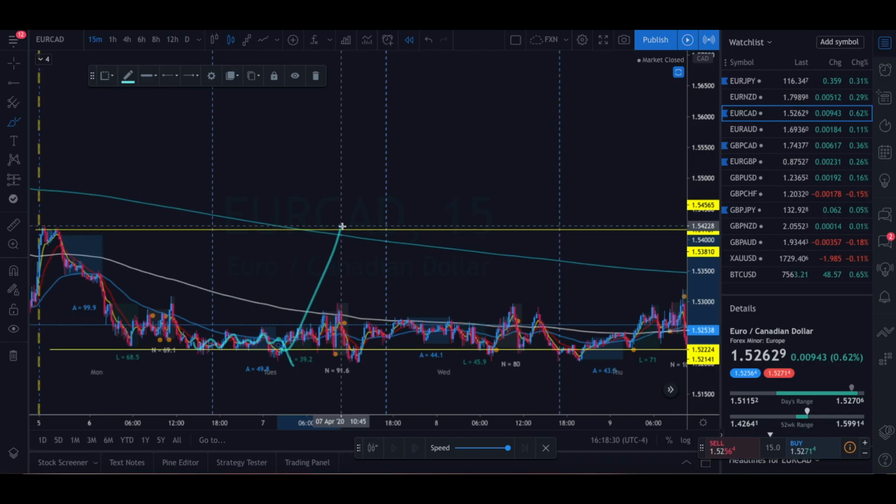If I get that, now I'm like, okay, cool. I may have a market maker cycle here. If I break past this high, cool. I have a trending cycle. But we don't get that on Tuesday, do we?